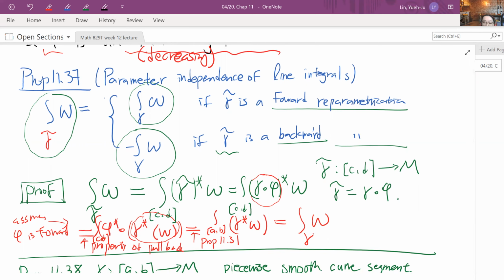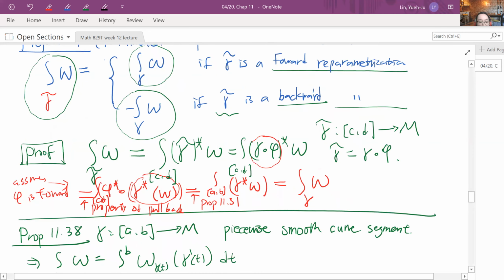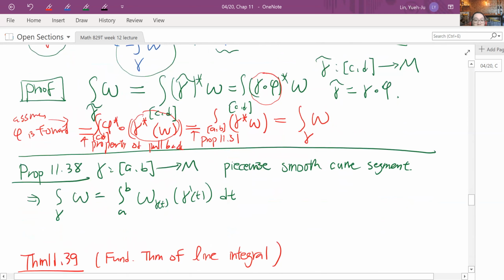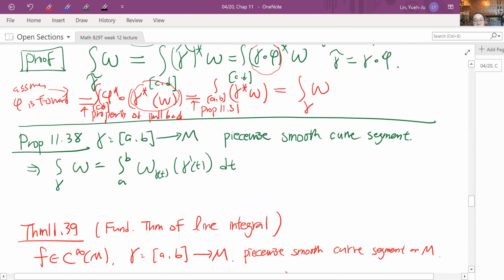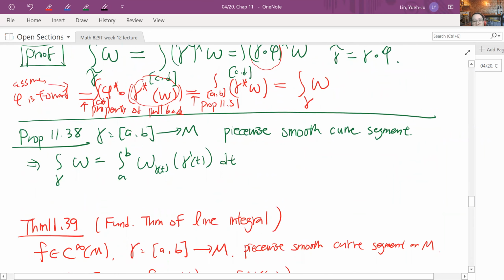Okay, so the last thing I just want to talk about, since I don't want to go over time, is to give you a heads up. On Thursday, I'm going to first show you how to directly, explicitly compute. Sometimes it will be easier to use proposition 11.3.